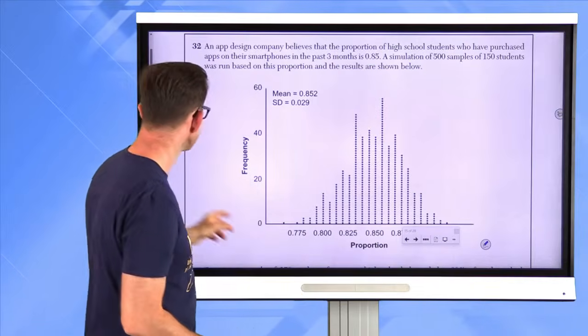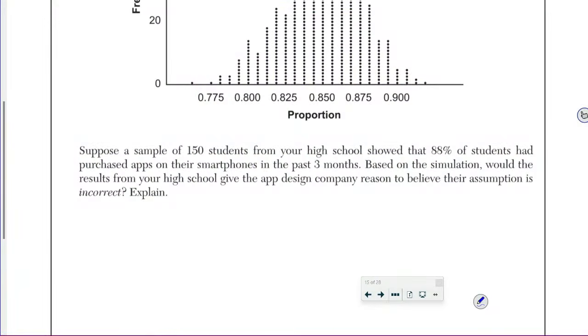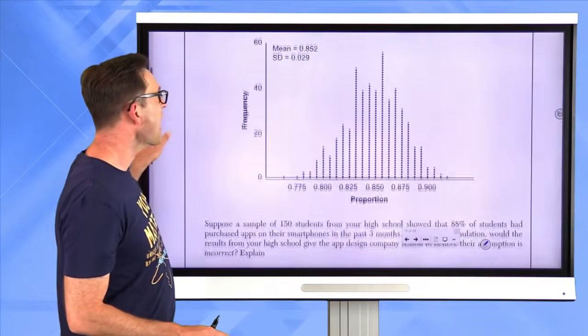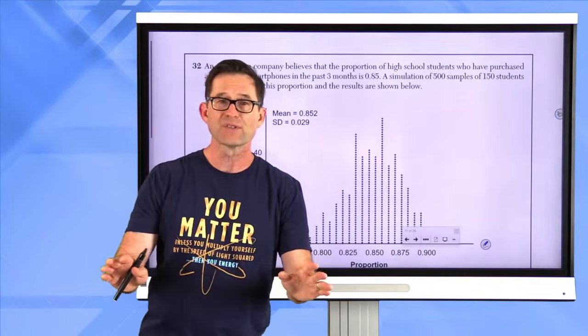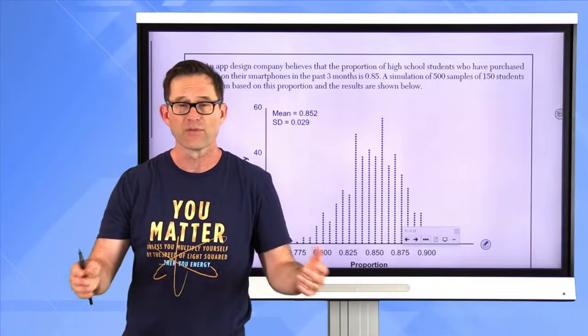All right, so now what's the deal? Suppose a sample of 150 students from your high school showed that 88% of students had purchased apps on their smartphones in the past 3 months. Based on the simulation, would the results from your high school give the app design company reason to believe their assumption is incorrect? Explain. All right, so the company is assuming that 85% of all students bought an app in the last 3 months for their smartphone.